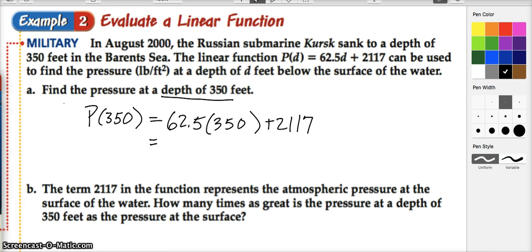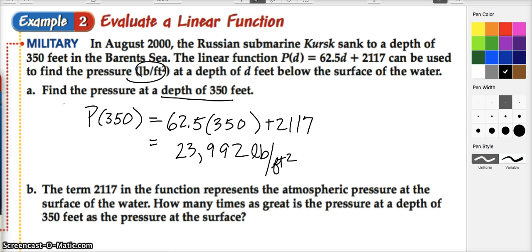If we calculate it, multiplying 62.5 times 350 and then adding 2,117, we get 23,992. And since they tell us the units would be pounds per foot squared, we're going to put that right there at the end.